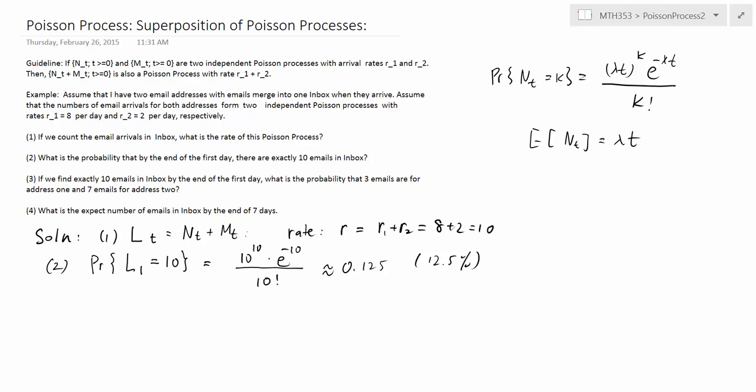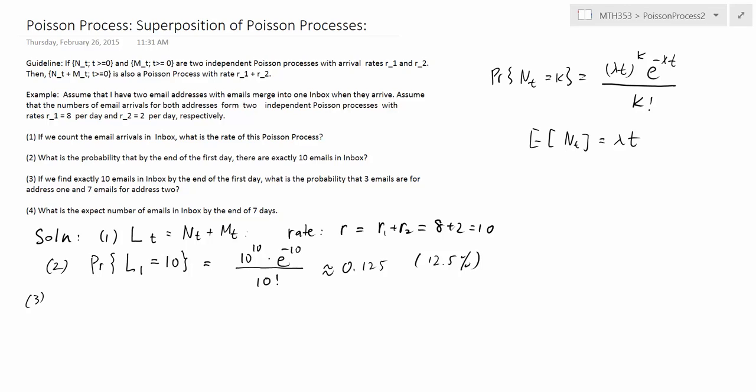Okay. So now let's look at the third one over here. If we find exactly 10 emails in the inbox by the end of the first day, what is the probability that 3 emails are for address 1 and 7 emails for address 2? Now, let's go back to look at it.